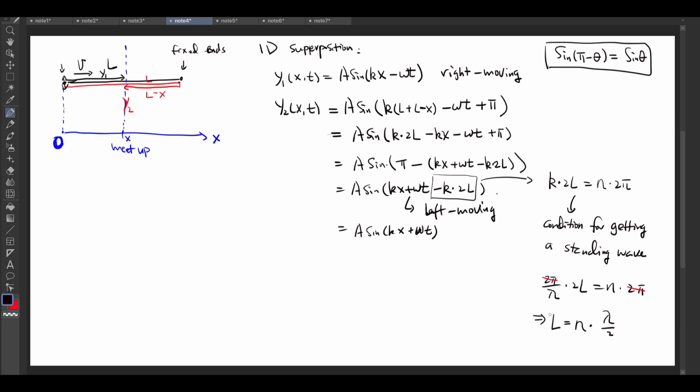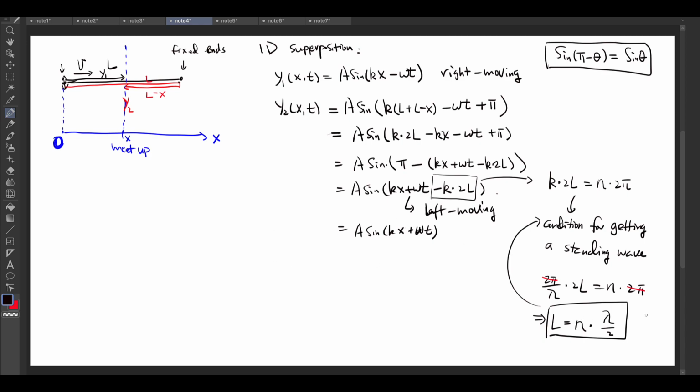Okay, so we should have a relation between the wavelength lambda and the total string length. They need to satisfy that the string length is integer multiples of the half wavelength. So that's our condition for generating a standing wave on the string.